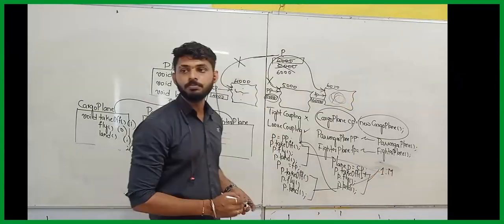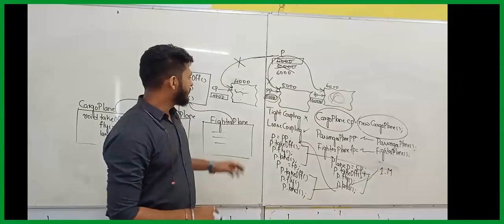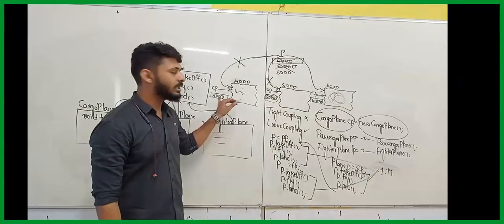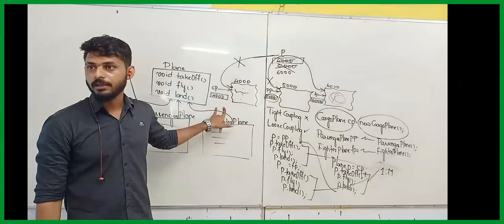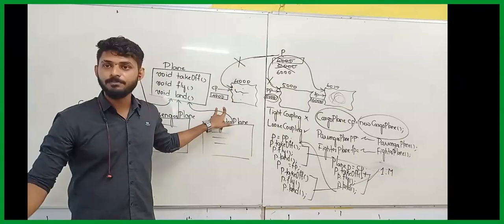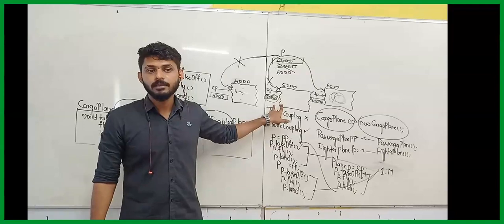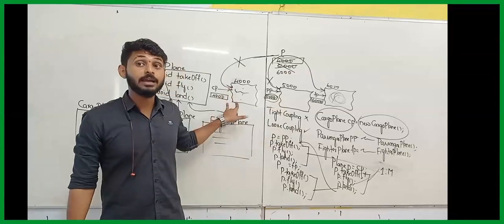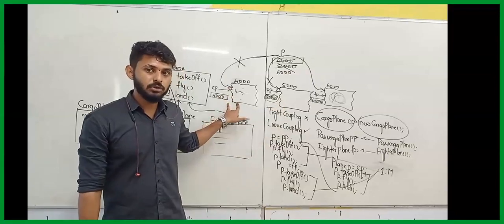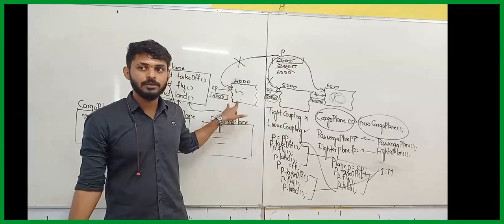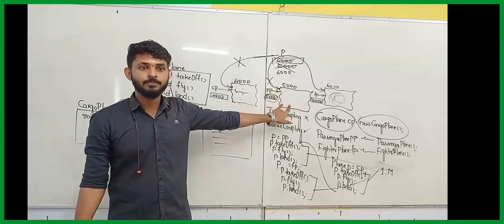Assume that, just like the way we have done here, I create an object of cargo plane and a reference of cargo plane type CP. Can I store the address of passenger plane in that? If I create a reference of type cargo plane, can I store the address of a passenger plane object? No, sir.